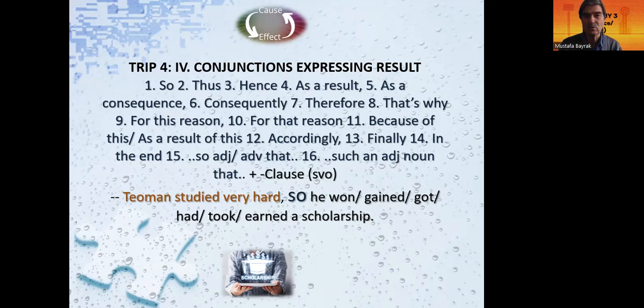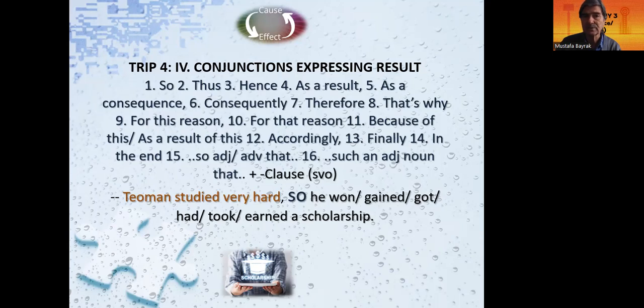For example, Teoman studied very hard, so he won a scholarship. Teoman studied very hard, thus he won a scholarship, or he gained, he got, he had, he took, he earned a scholarship as a result, as a consequence, or consequently. Teoman studied very hard, consequently, he won a scholarship.